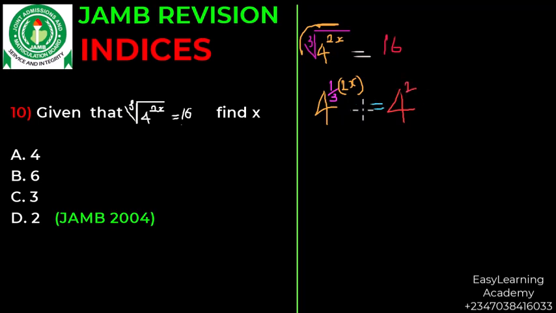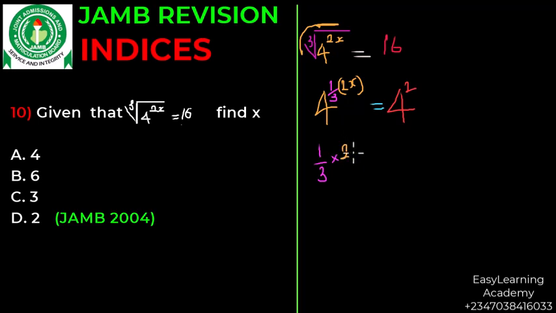Alright, now the bases are the same, so we can equate the powers. Let's work with the power. We have it that the power is 1 over 3, the bracket will be taken away, we introduce times, and that will be times 2x, no need for the bracket anymore since we have introduced times.